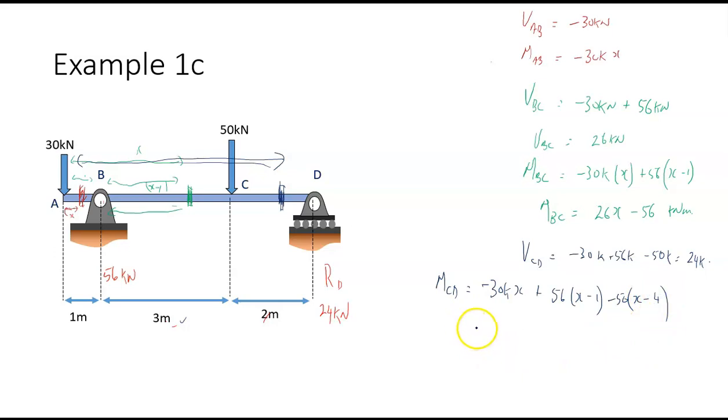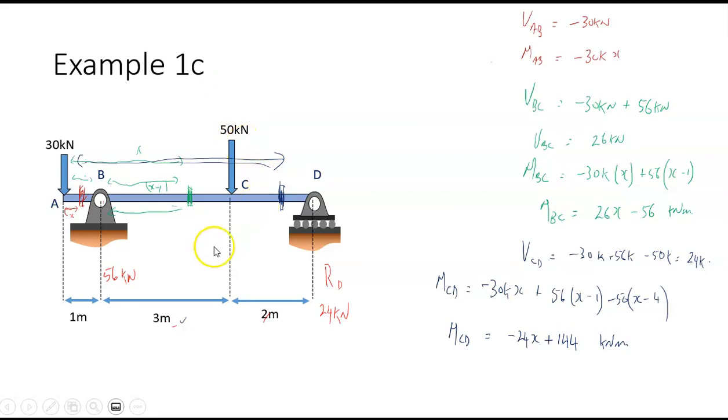When I multiply that out, I get MCD is equal to minus 24x plus 144 kilonewton meters.